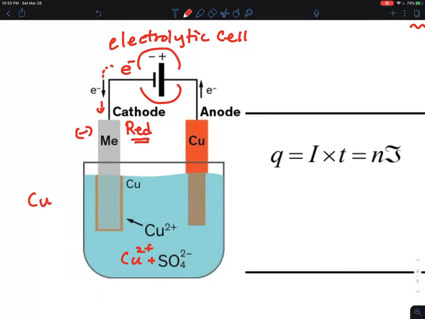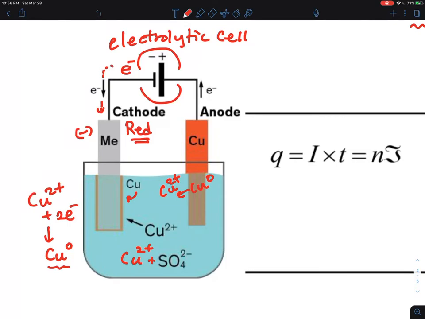That reduction is copper 2 plus getting 2 electrons from the electrode and depositing on the surface of the copper. As you can see, the picture shows the surface of any metal now coated with shiny copper metal. The other side is essentially copper depleted or dissolved back into copper 2 plus, because that's where the oxidation happens on the anode side.